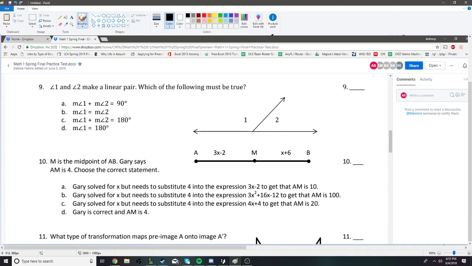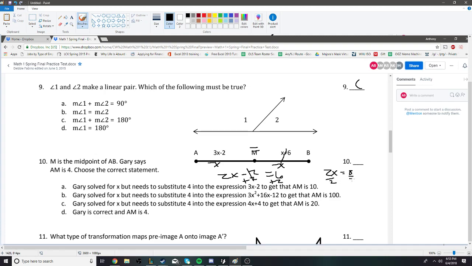A linear pair. If they're a linear pair, that means they add to 180. C. Midpoint. When you see the word midpoint, that means equal. So we subtract x from both sides, and we get 2x minus 2 is equal to 6. Add 2 to both sides, and we get 2x equals 8.